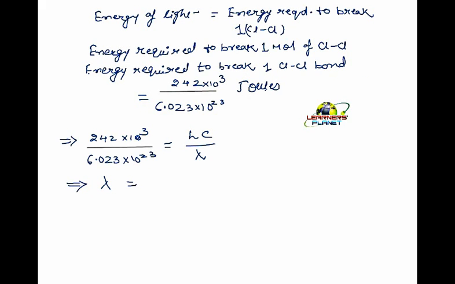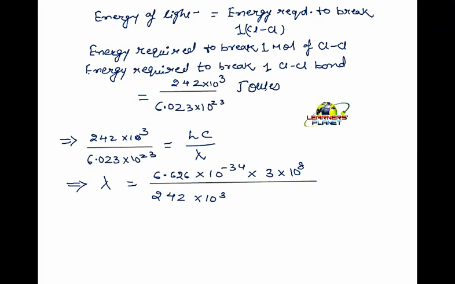So your lambda is equal to 6.626 into 10 to the power minus 34 into the velocity of light, 3 into 10 to the power 8 meter per second, divided by 242 into 10 to the power 3 divided by 6.023 into 10 to the power 23.